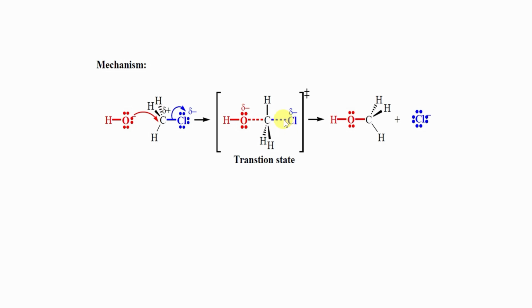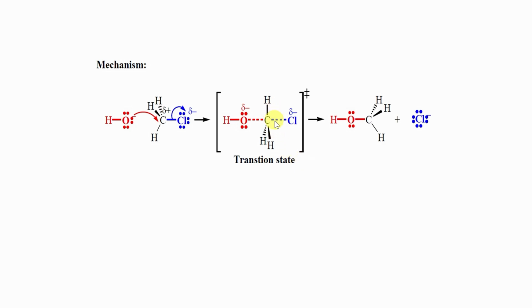Chlorine is in the process of departing from the carbon atom, and such a state is called the transition state.